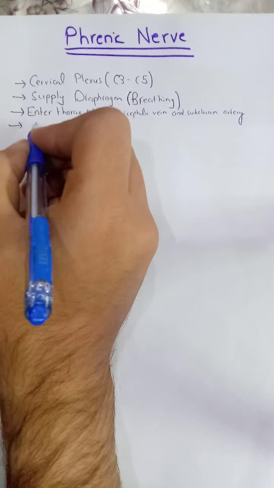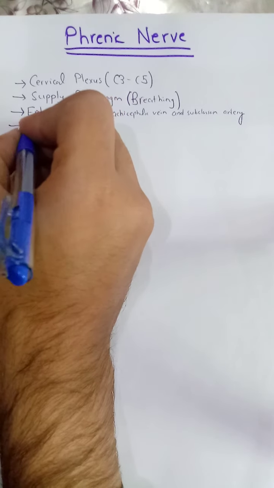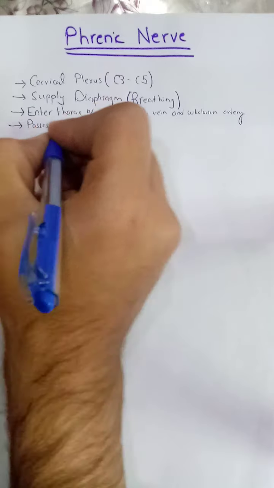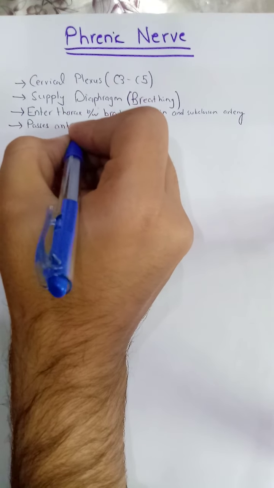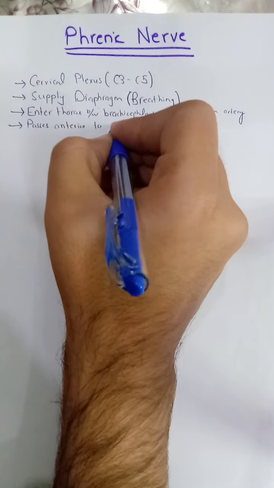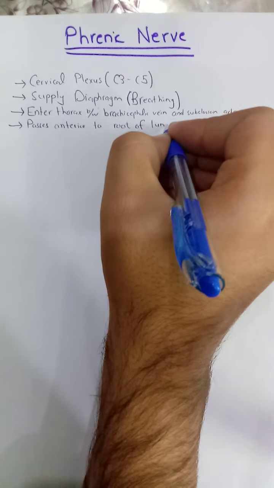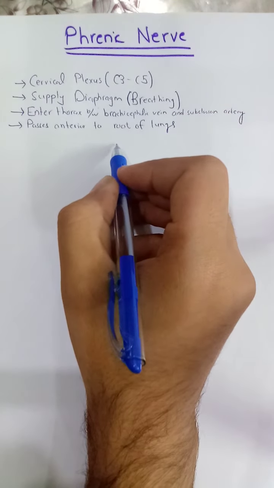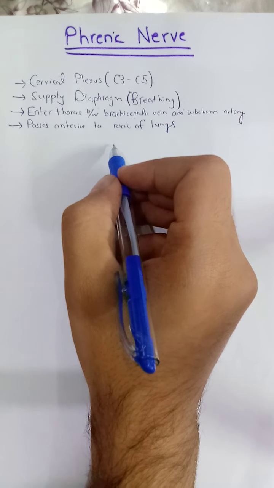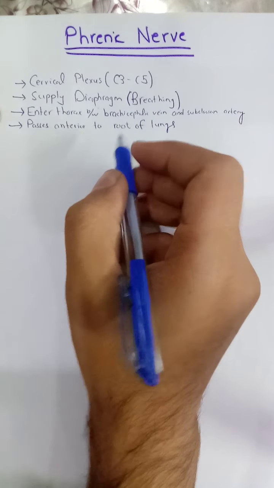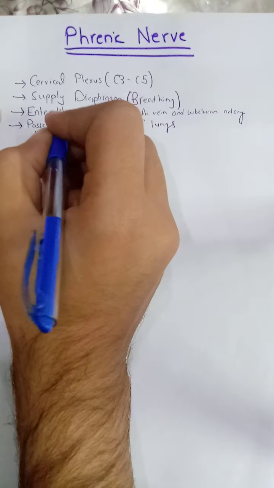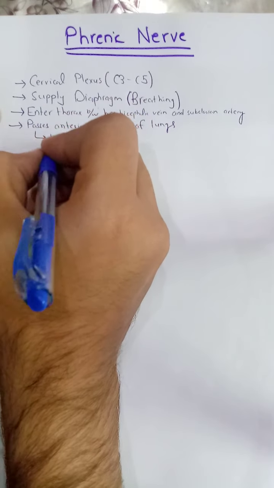Both of them will pass anterior to the root of the lung, and this feature differentiates them from the vagus nerve, as the vagus passes posterior to the root of the lung.